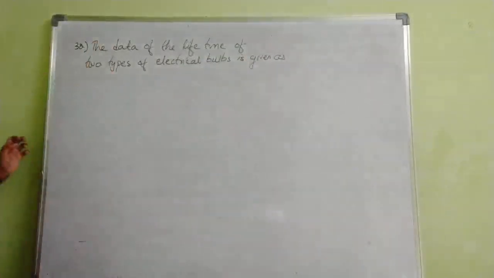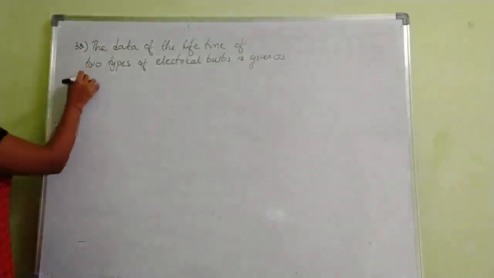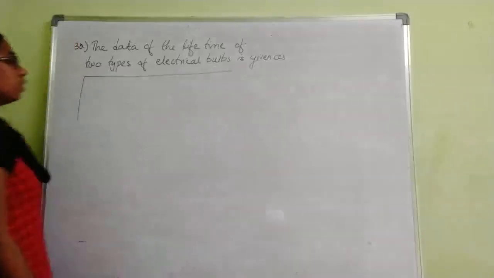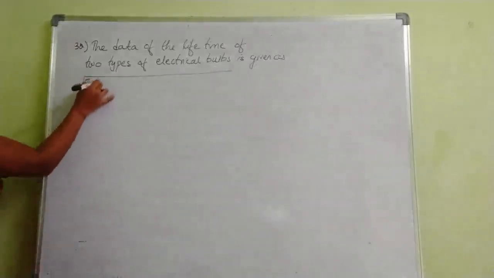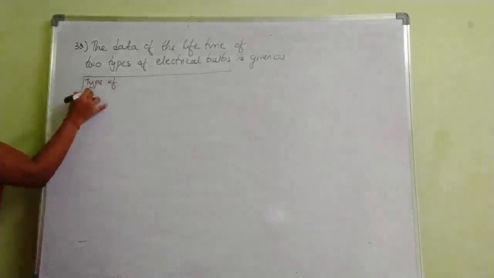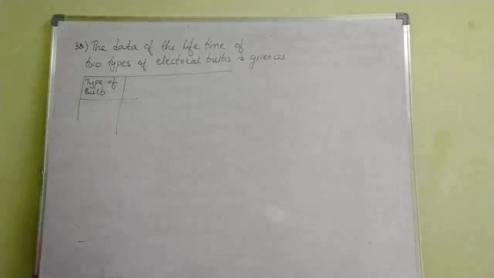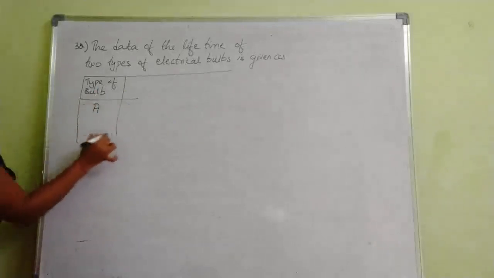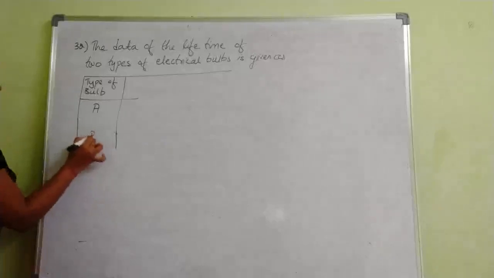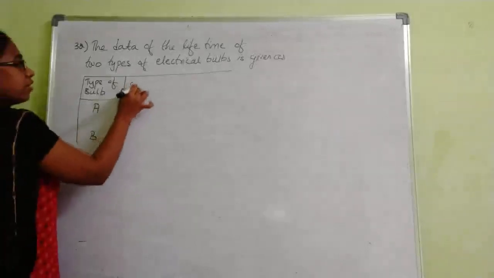Here the data is given in a tabular format. Two types of bulbs are given, type A bulb, that is the first type, and type B bulb. Related to these types of bulbs, different data are given.